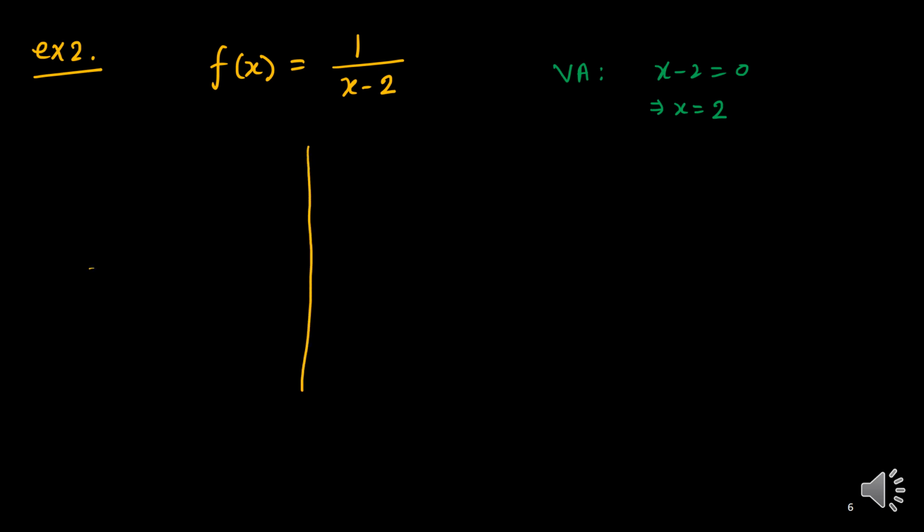This is your y-axis, this is your x-axis. Now you need to put the point x equal to 2. At this point you should draw a vertical line. So this will be your vertical asymptote.